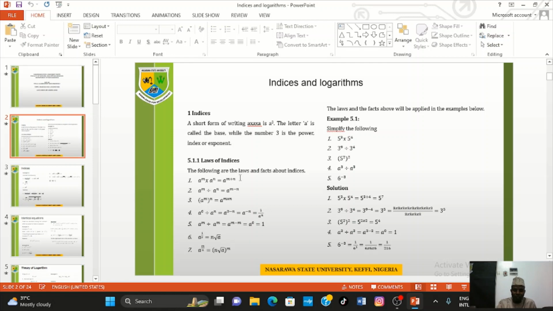This means if you are multiplying numbers with the same base, you add the powers.